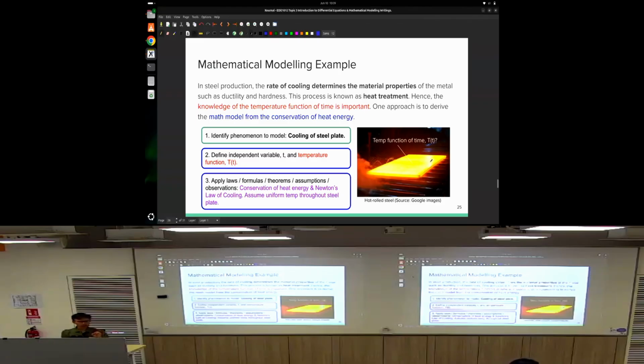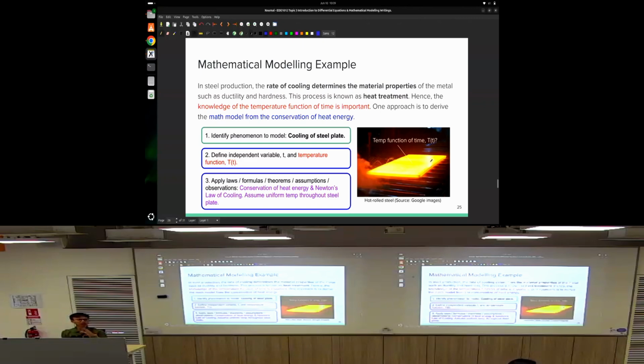But if you want the metal to be soft and ductile, such that it is malleable, because different mechanical systems require different kinds of materials, sometimes you want hard, sometimes you want soft. If you want a soft steel, then you cannot cool fast.